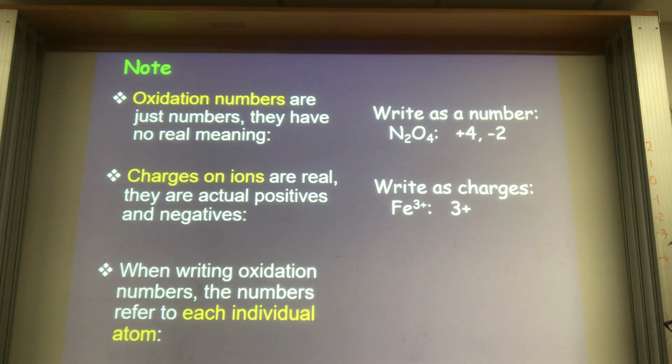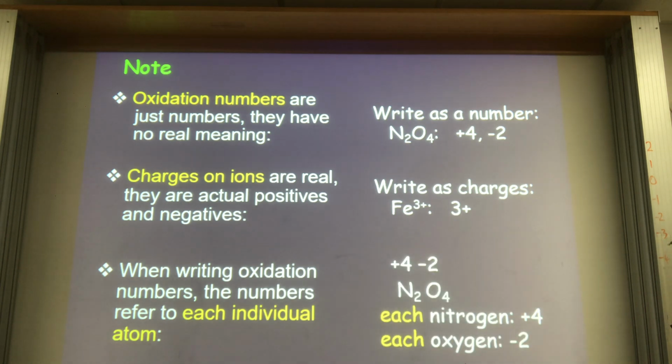Now, as you've been seeing, I've been writing the oxidation numbers above the compound, because when you're working with equations, that's what you do to see what happens. So each individual nitrogen is +4 in this case, each individual oxygen is -2.